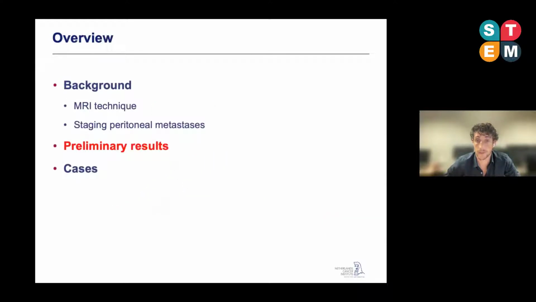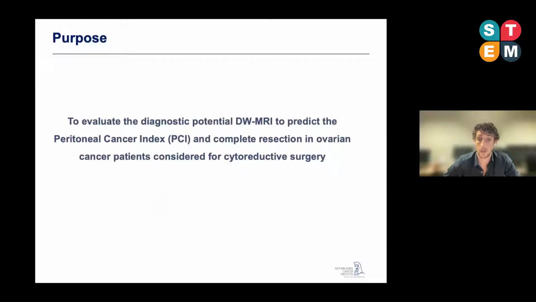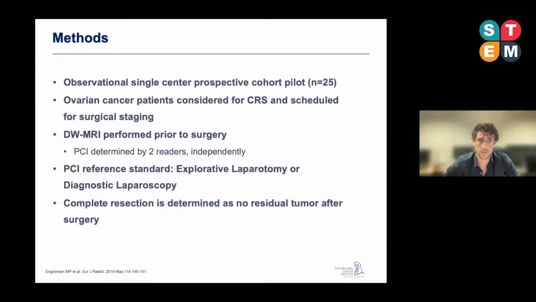And that's why we started some research and some studies to see whether we could evaluate the diagnostic potential of diffusion weighted imaging to predict PCI, and whether MRI could also predict a complete resection in ovarian cancer patients. What we did, we started a prospective study of 25 patients, and these patients were all scheduled for surgery.